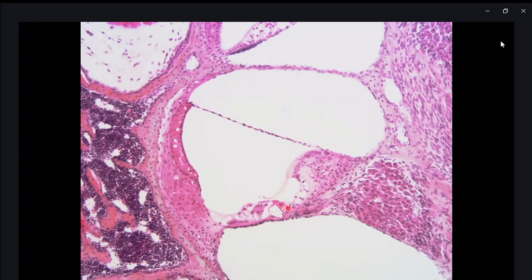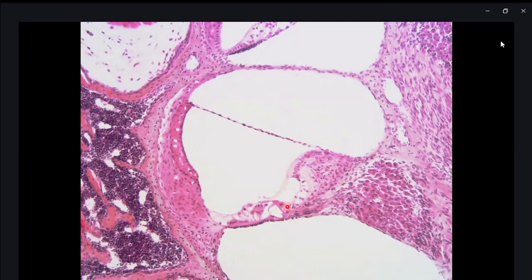Then we have sensory receptor cells here, one layer of sensory receptor cells. So we have inner hair cells and outer hair cells. These inner and outer hair cells are supported by supporting cells, which we refer to as phalangeal cells.